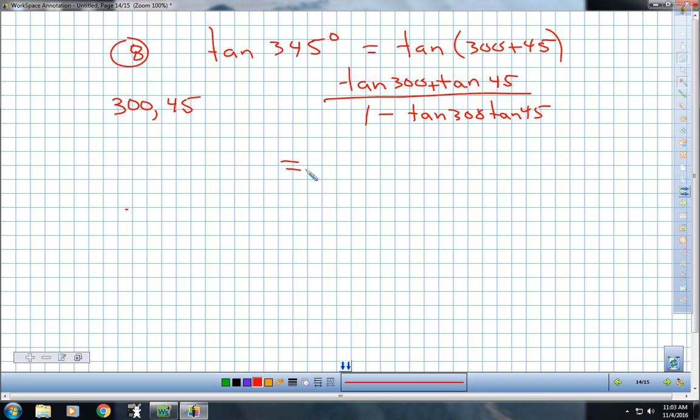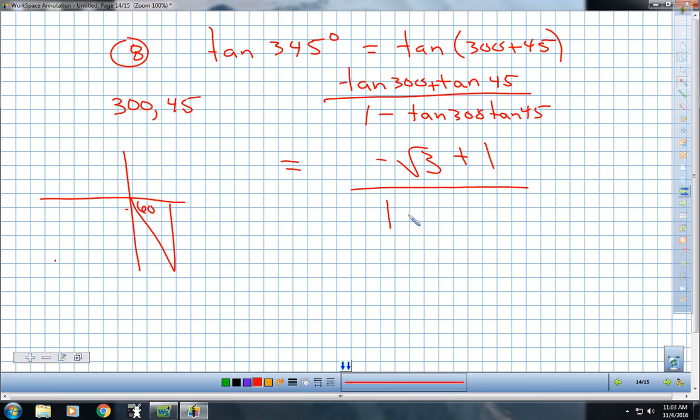Tangent of 300 degrees. Isn't that a 60-degree reference angle in the fourth quadrant? What would the tangent be? It's radical 3, and in the fourth quadrant, positive or negative? Negative. Negative radical 3 plus the tangent of 45 degrees, which is 1.